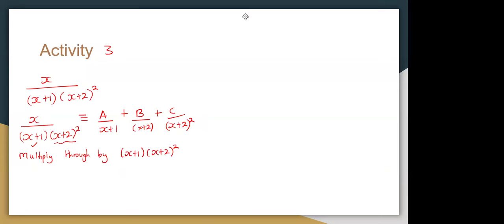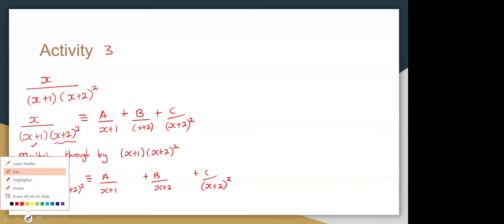So I'm going to come here. You are going to allow me; those who have picked it up can even continue. You don't need to wait for us. So this is going to be a into x plus 1, plus b over x plus 2, plus c over x plus 2, everything squared.